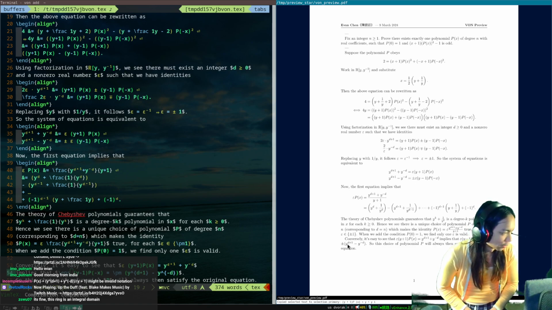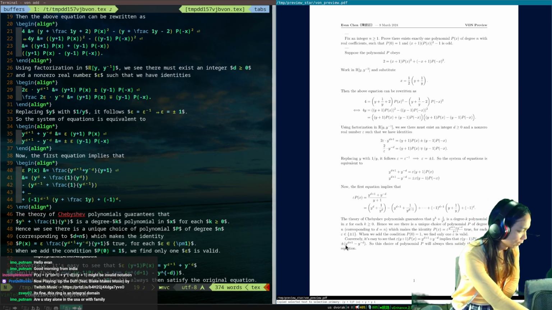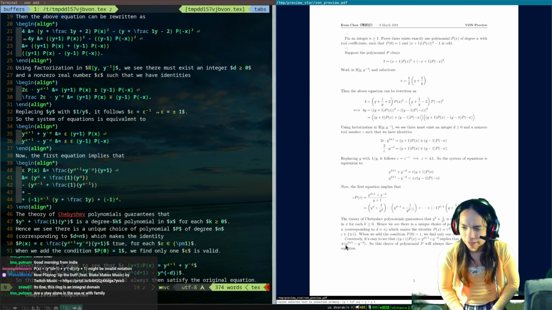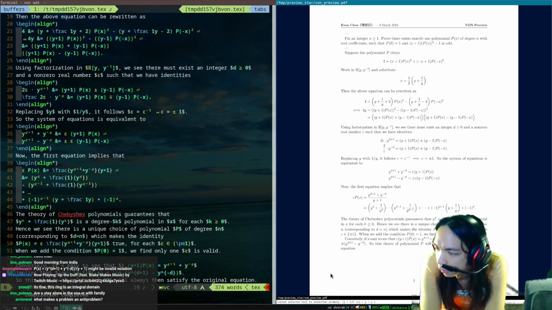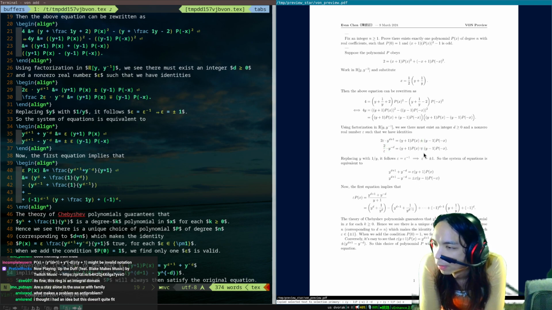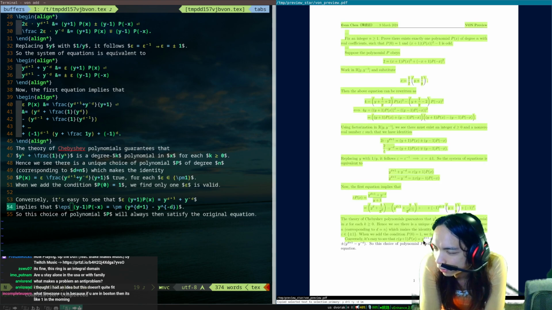Let's find this ring. I feel like I'm sending a submission to anti-problems. Hello, are you staying alone in the US or with family? Wait, what? I go to school at MIT. So I guess alone, question mark? Actually, how obvious is this?